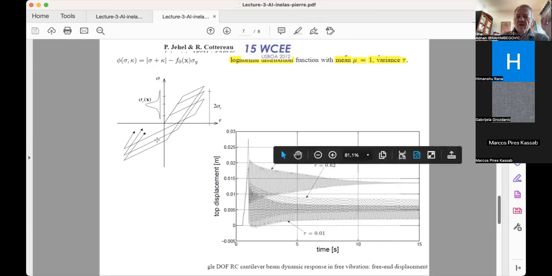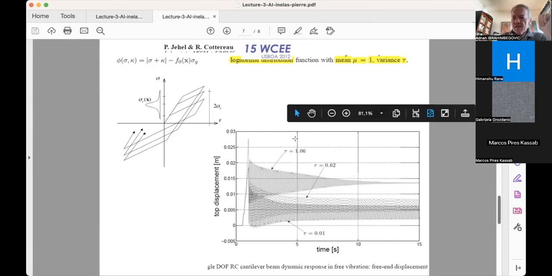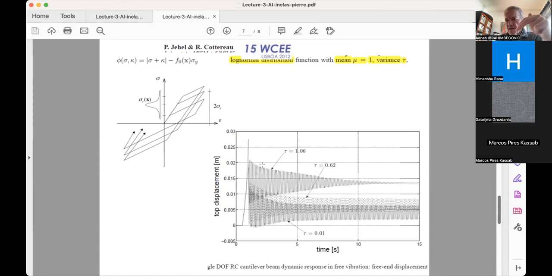If you have a very homogeneous material, in other words the standard deviation is very small, you can see that the decay is pretty much linear. But on the other hand, if you have a highly heterogeneous material with a very large standard deviation, then you get this linear response varying from point to point, and then they accumulate and start looking more like an exponential response.